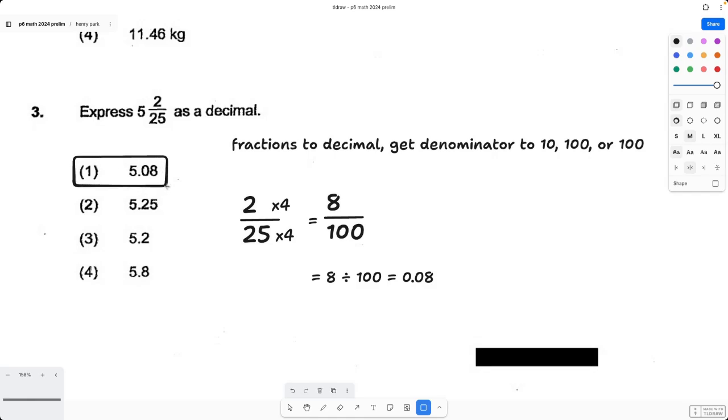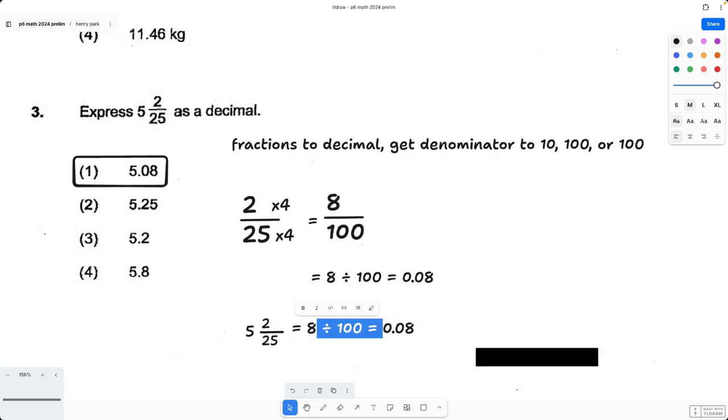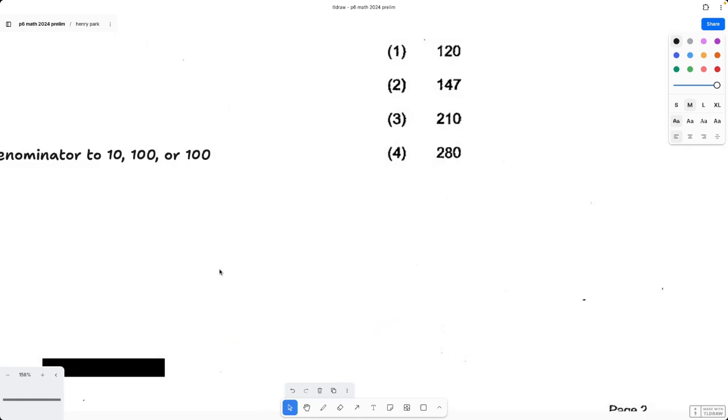So 5 2 over 25 will be equal to 5 plus 0.08, which will become 5.08. There you go. So that's the answer. Okay, let's move on to the next question.